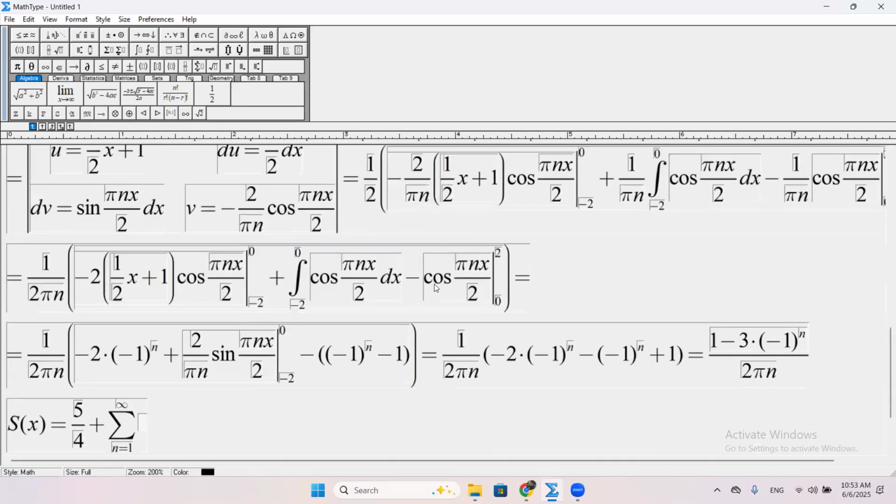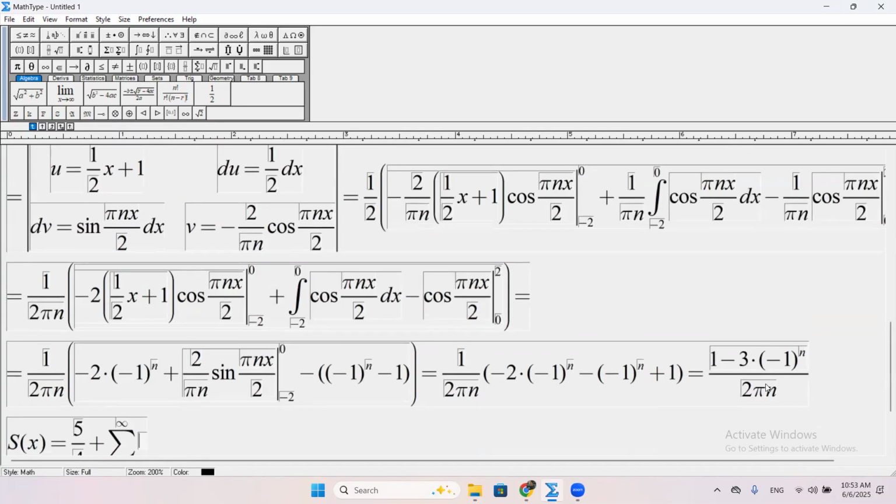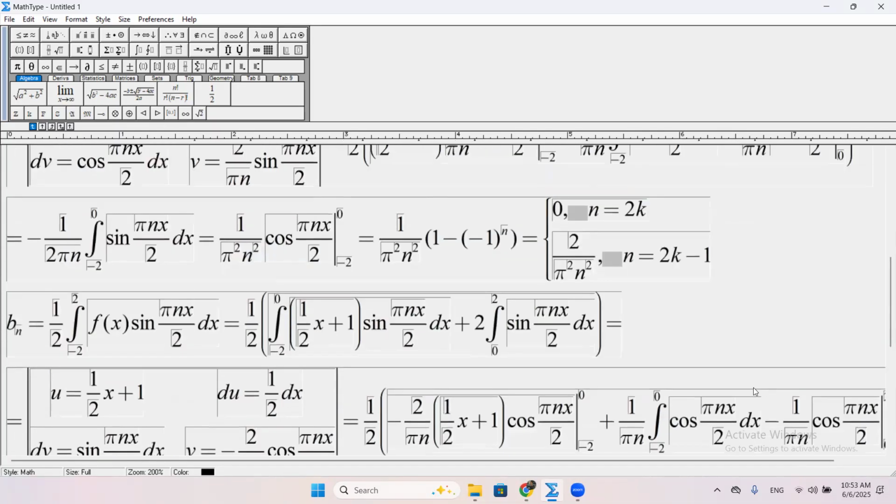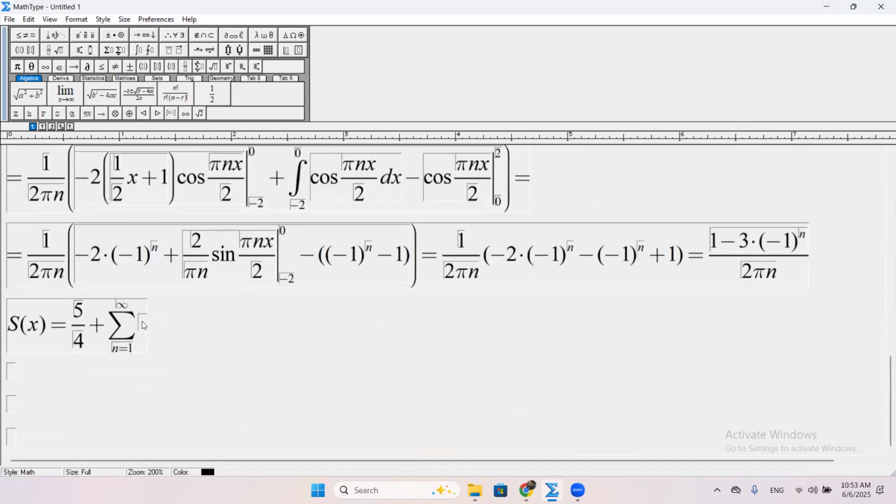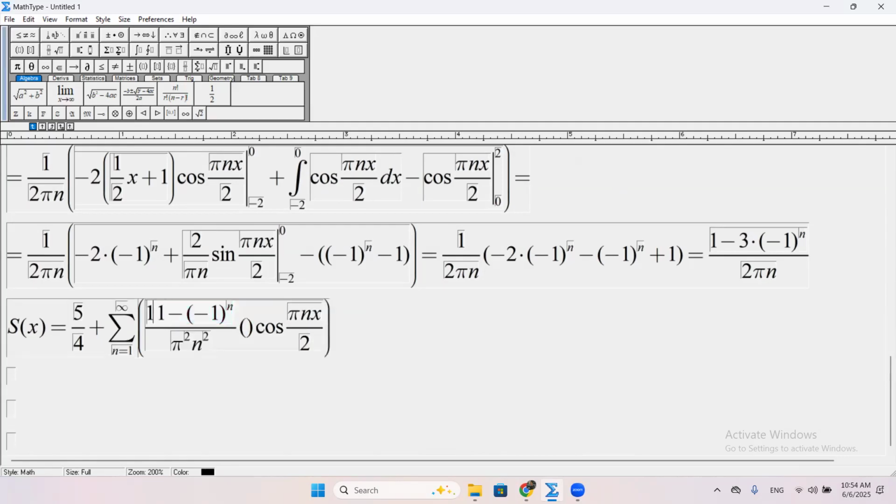As for Bn, there is no specific behavior for even or odd n, so we will write down An like this, without simplifying it, and it will be multiplied by cosine of pi n x over 2. Okay, let me move it into the numerator.